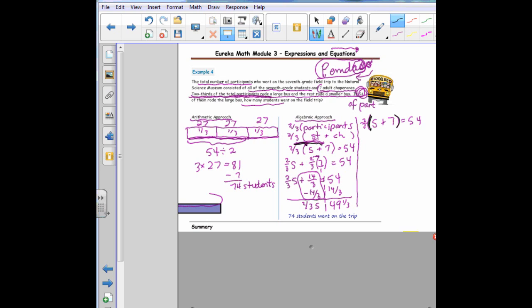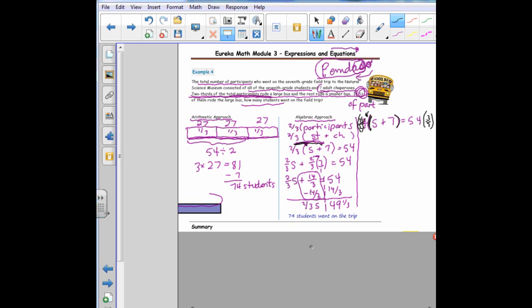So again, in order to show division of a fraction, multiply by the reciprocal. So the reciprocal is 3/2, and the reciprocal is 3/2. Again, instead of dividing both sides by 2/3, we're going to multiply by the reciprocal.